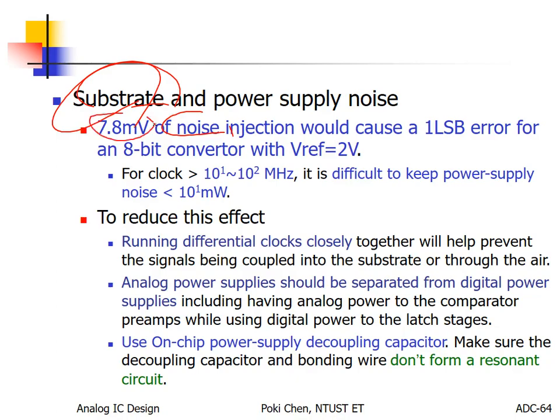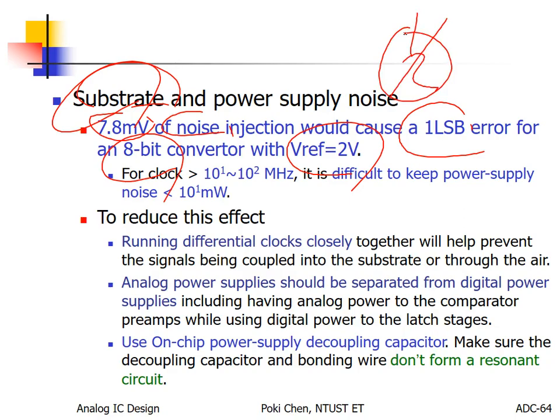For example, 7.8 millivolts, for a reference of 2 volts and an 8-bit converter, it will cause you 1 LSB. But in theory, we hope we can control the error below 50%, half LSB. So it means that you need to reduce your substrate noise to 3.9 or almost 4 millivolts.